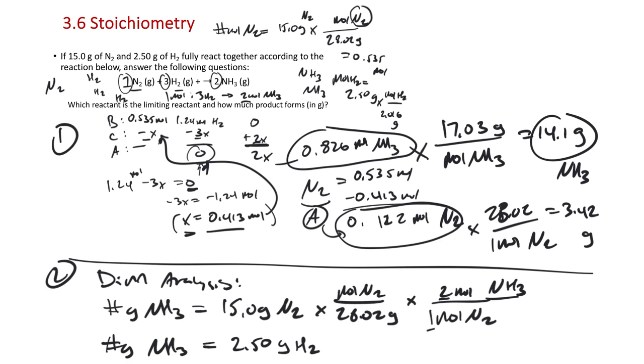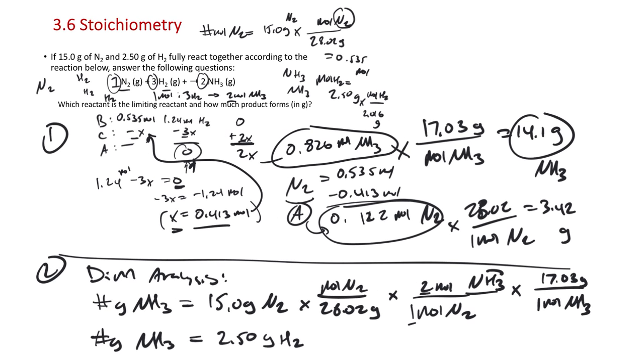For every 1 mole of N2, we get 2 moles of NH3. Now this step here assumes that you have enough H2. This assumes that you have enough hydrogen to form this much product available. So this step here is assuming we have enough hydrogen for the hydrogens to be formed onto the NH3. And then our 1 mole of NH3 has that molar mass of 17.03 grams.